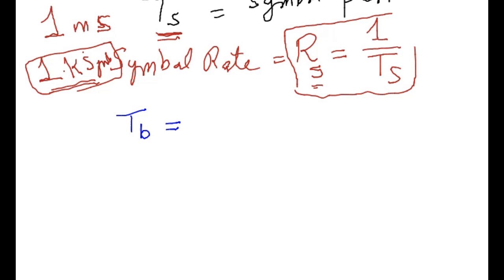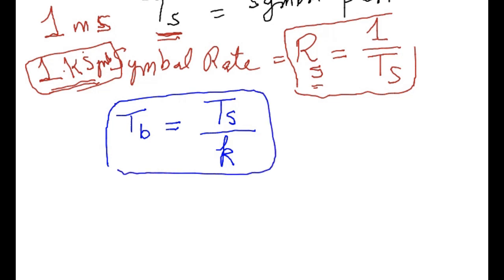If each symbol carries k bits, and the symbol interval or signal interval is Ts, we can divide it by k to find the bit interval. So this is our bit interval.